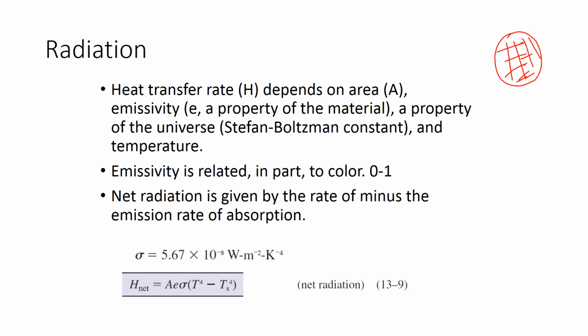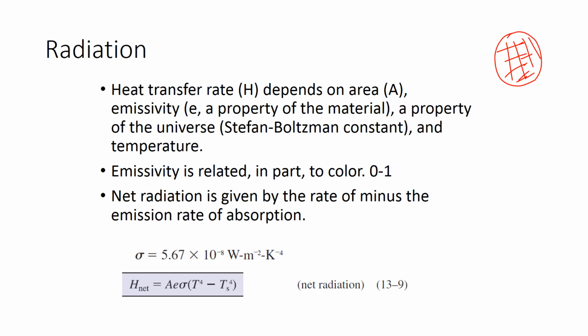A high emissivity object would be like a flat black frying pan, or the radiator in a car, or some dull surface that emits and absorbs heat very easily. A poor emitter would be, for example, a mirror, which would be reflective instead of absorptive or emissive.